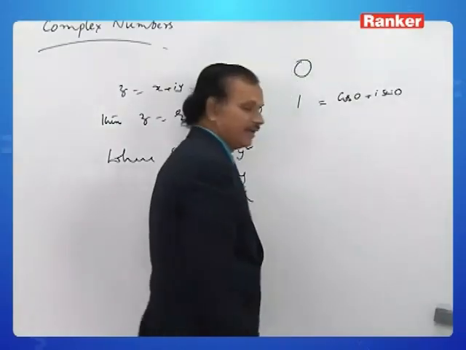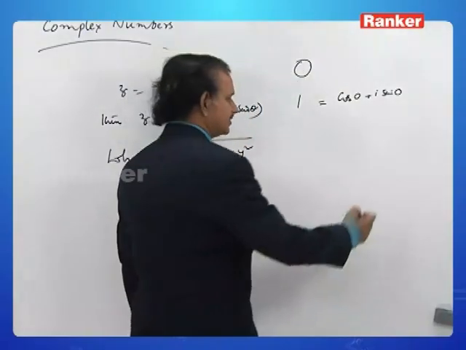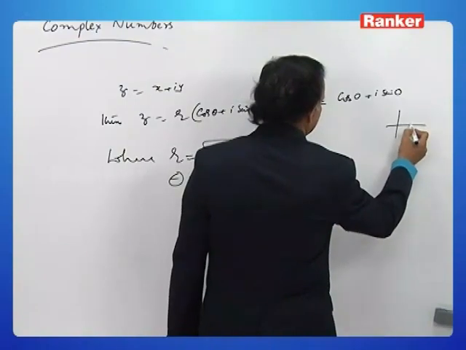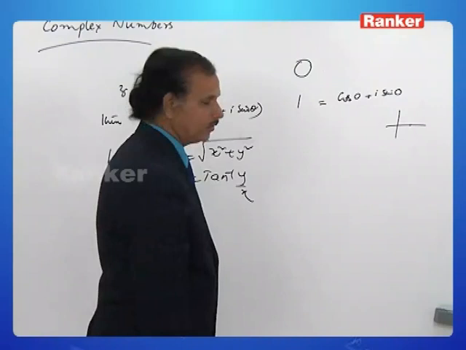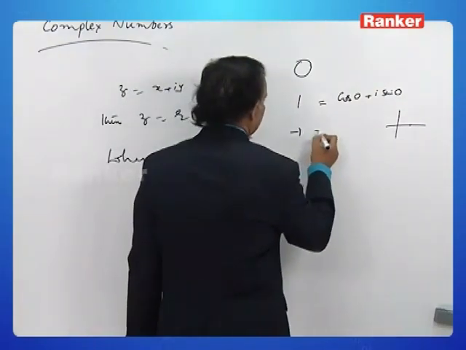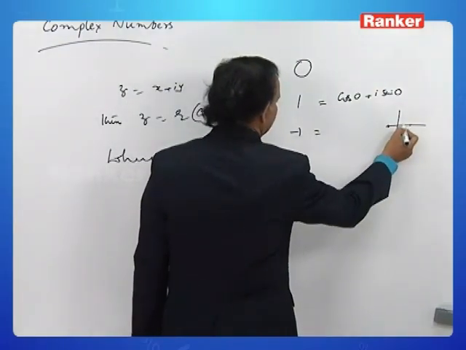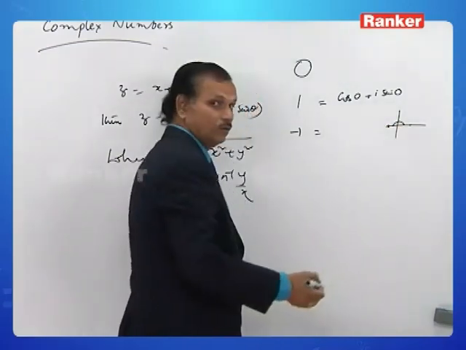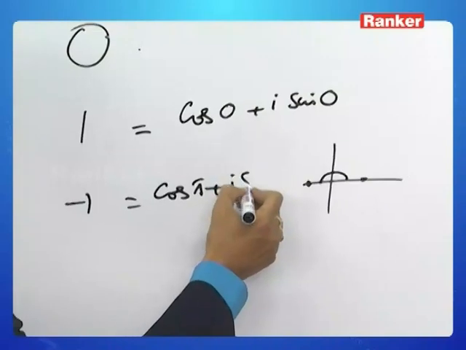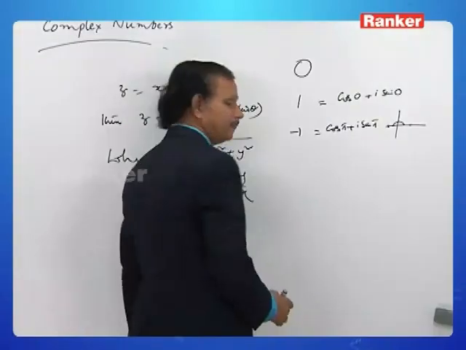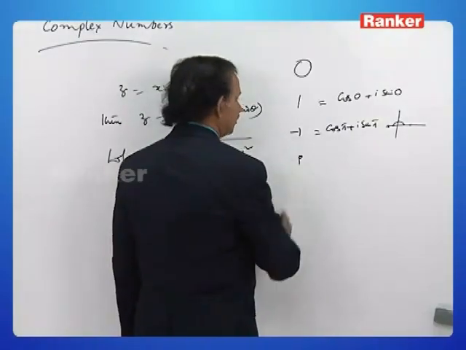Why? 1, 0 is a point on the x-axis, which means it makes 0 angle with the x-axis itself. Amplitude is 0. Next, minus 1. Minus 1 lies here. What is the angle? 180. So it is cos pi plus i sin pi.